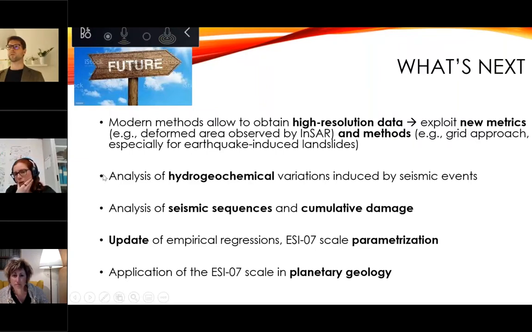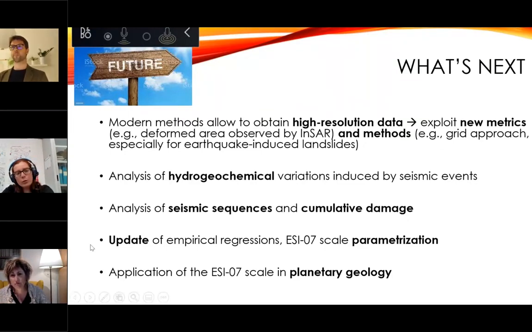Another avenue may be the analysis of hydrogeochemical variations, so the water, the groundwater system. Another point, which is not only dealing with the natural effects, but with earthquake effects in general, is the analysis of seismic sequences and the cumulative damage. So the idea is to try to disentangle the effects related to, for instance, the main shock and the aftershocks within a seismic sequence.